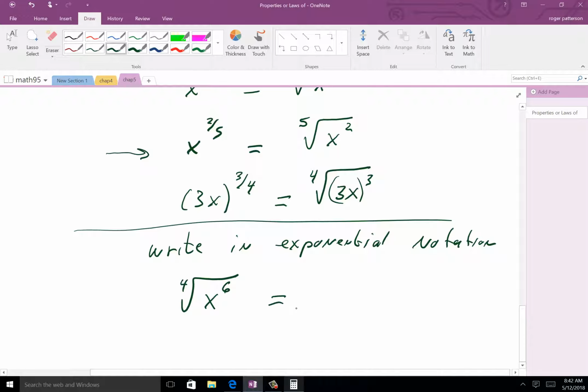We're going to write this in exponential notation. So x to what power are we going to have? 6/4. Now, the question would be, is it okay to reduce that? Yes, it is. It's okay to reduce that.